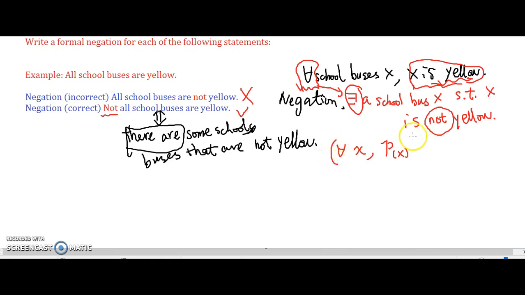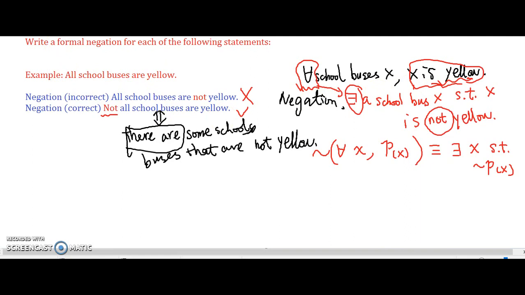And if we do the negation of this, we're going to get there exists some X such that the negation of the statement about X.